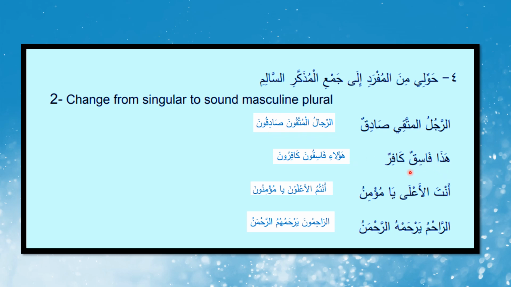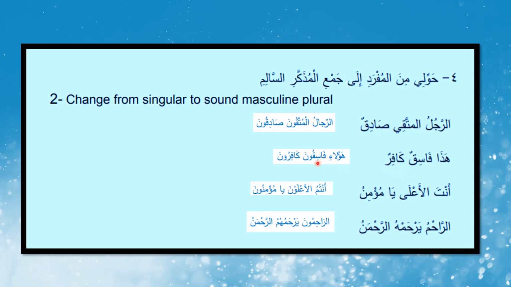Hadha fasiqun kafir. So hadha is our jumla ismiya, and hadha is mubtada, and we have to make it into plural. So the moment mubtada is changed to plural, our khabar will also be in plural. So fasiqun kafirun, we have two khabars here giving two pieces of information about the person.